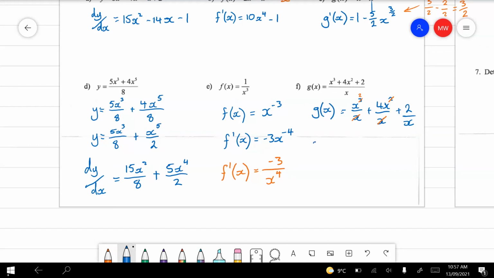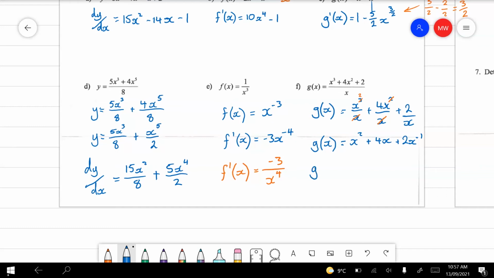So now let's see what we can do with this. We've got g(x) still. We're not going for the derivative yet. We've got x squared. We've got 4x. And I don't want x down the bottom, so I'm going to bring that up as an x to the -1 instead. That way we're going to be able to apply our rule. So now we can do the derivative function.